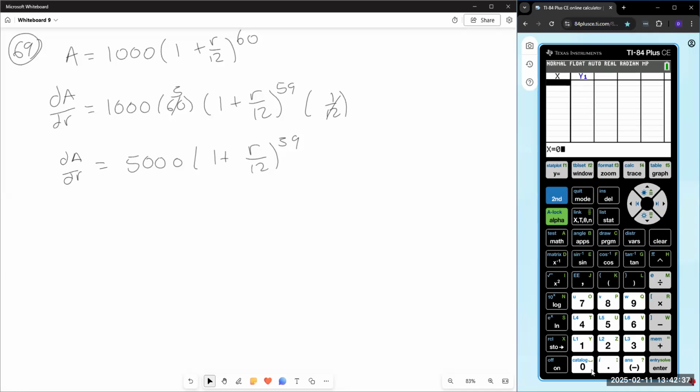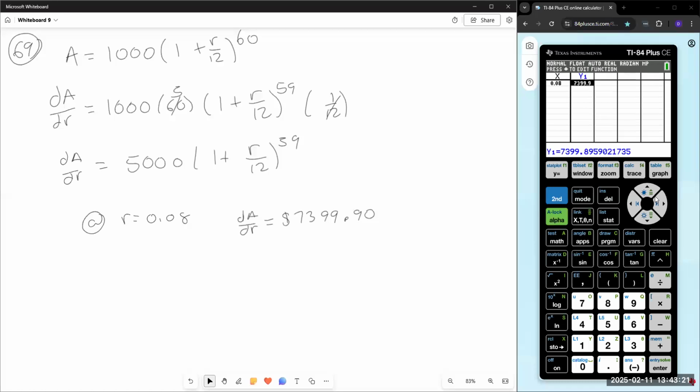So the first one they give me is that R is 8%. And they want me to find what my accumulated value will be. So for part A, when R is 8%, dA/dR, my rate of change of my accumulated value with respect to R, is going to be 7,399.90 dollars per whatever that is.